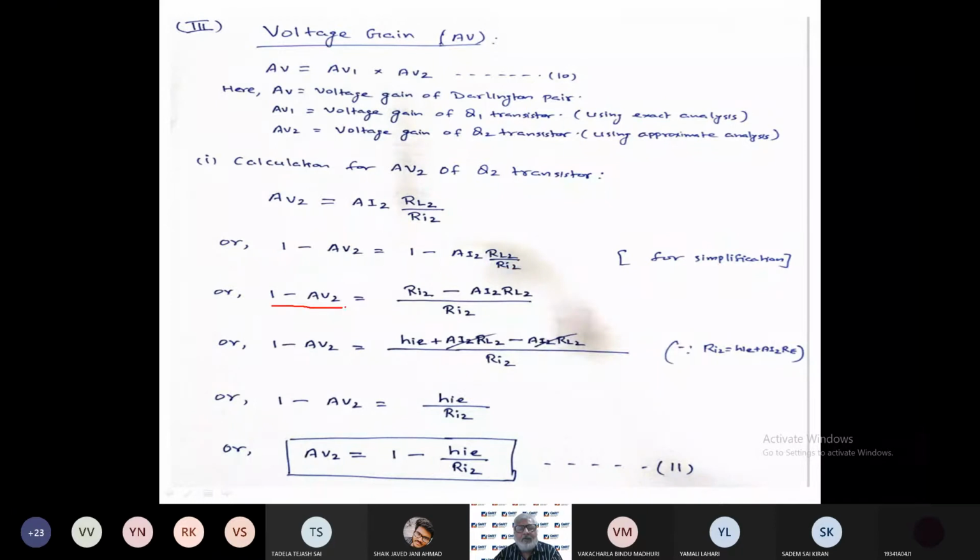Now 1 minus AV2 is equal to, simplifying this one, in the denominator I have Ri2, and in the numerator Ri2 minus AI2 RL2.